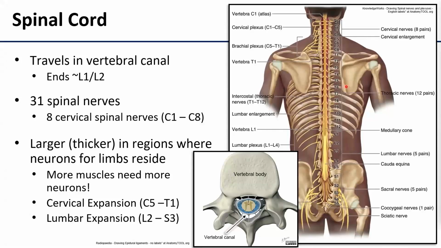Okay, and especially more than just this middle region here, right? All right, so we have 2 big expansions in the spinal cord right around where the innervation for your limbs begins. So we have one here in the cervical region between C5 and T1. And we see another one lower here in the spinal cord for the lower limb.